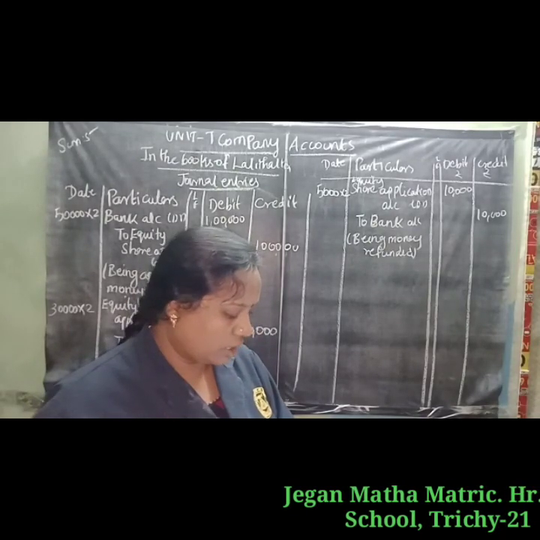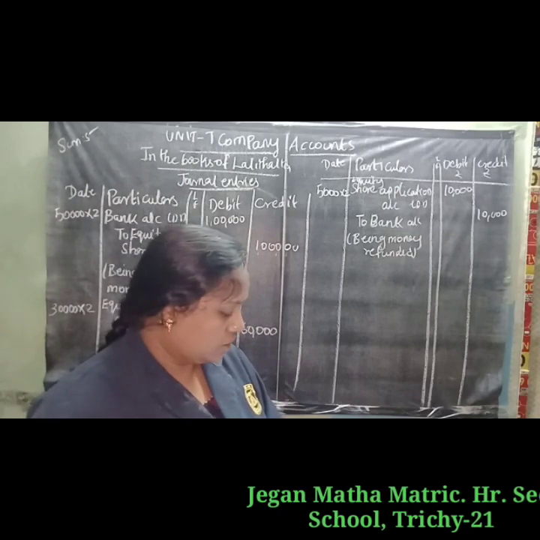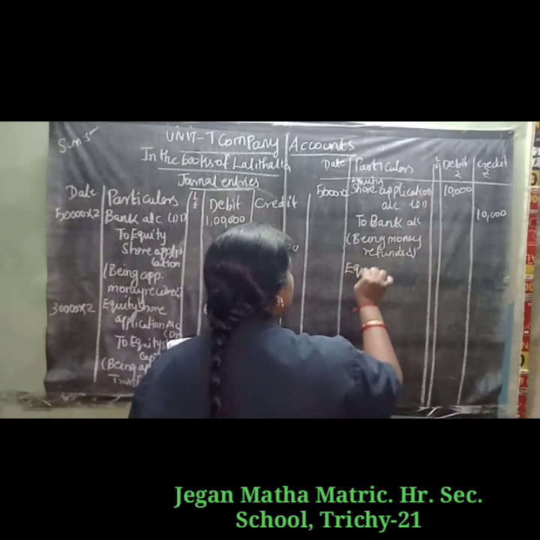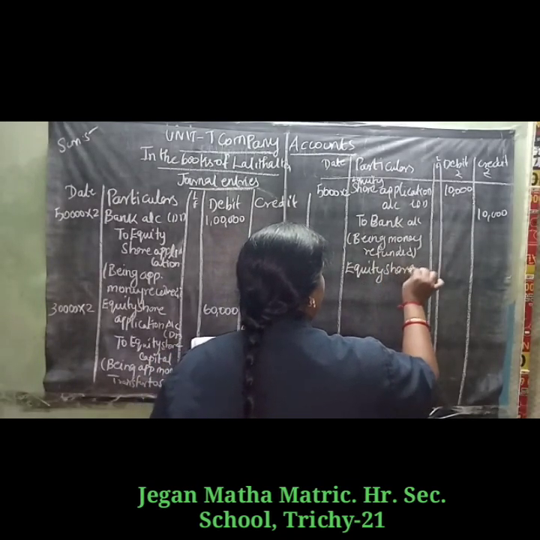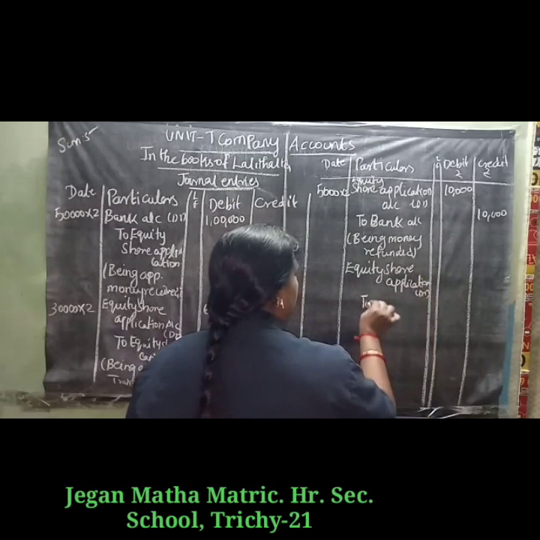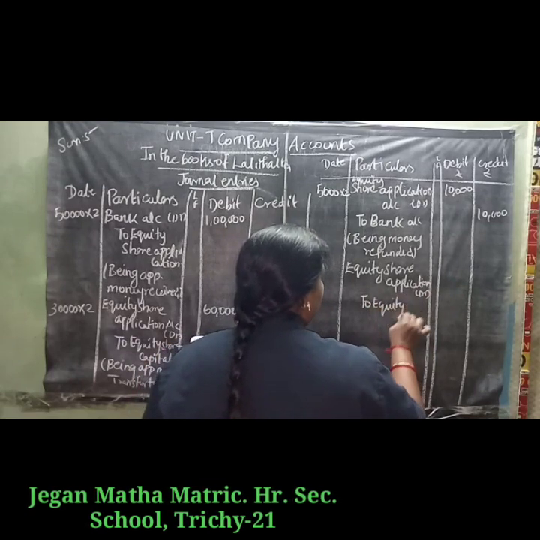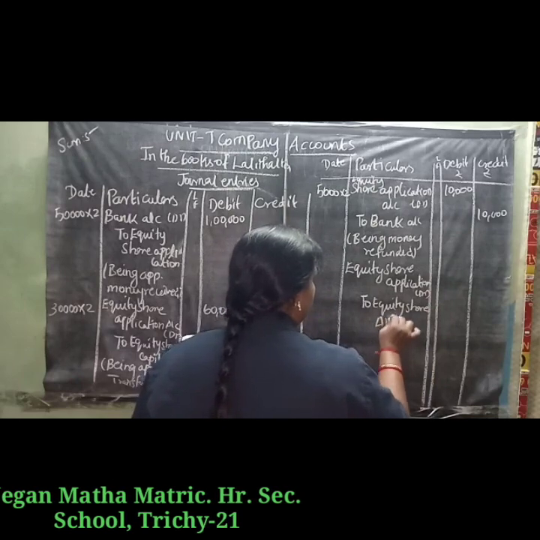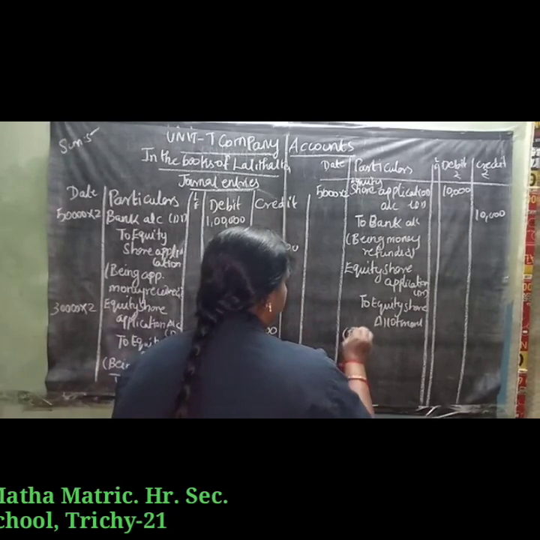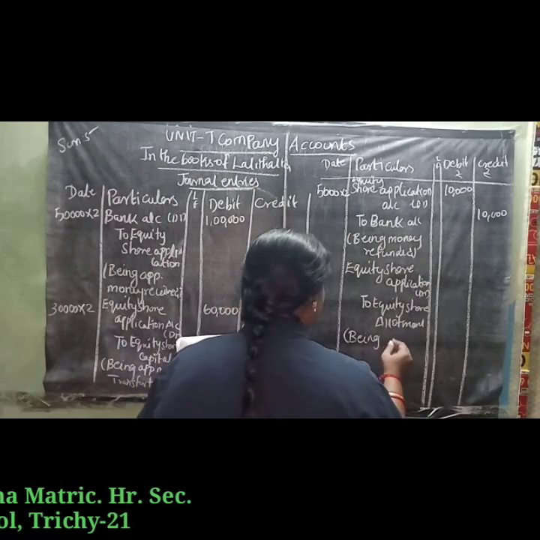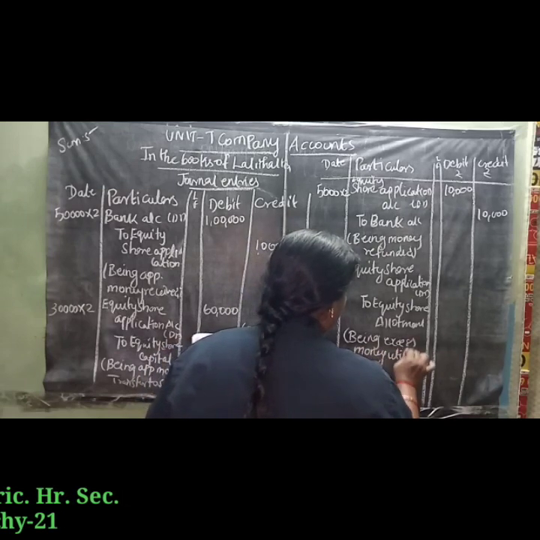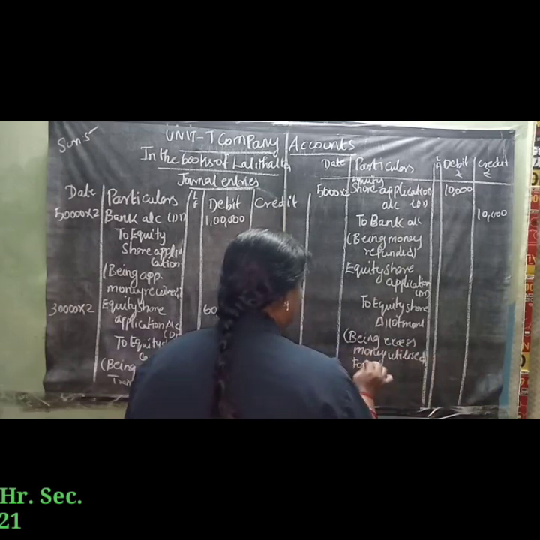The excess money will be utilized for the allotment, so we have to write the entry: equity share application account debit to equity share allotment, being excess money utilized for allotment.